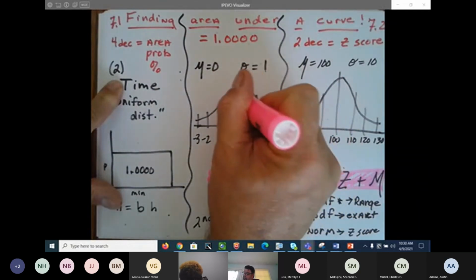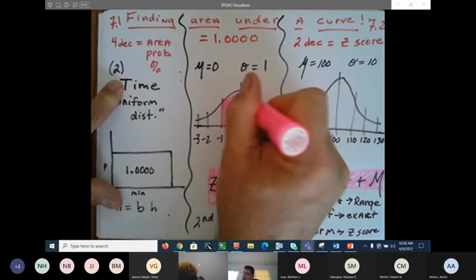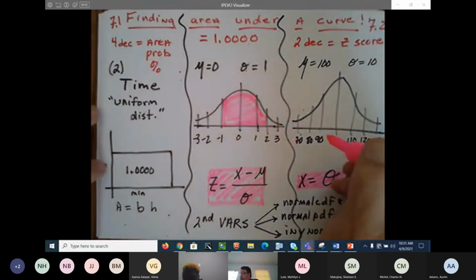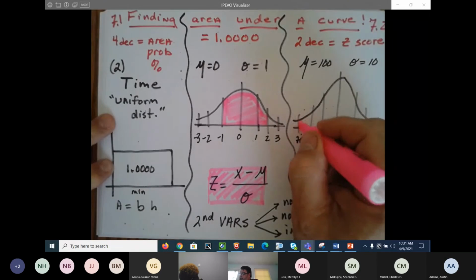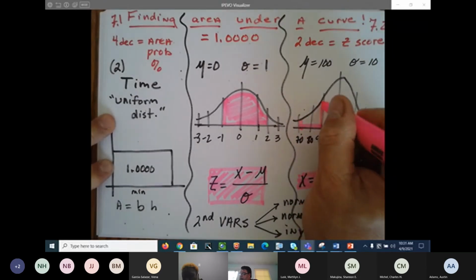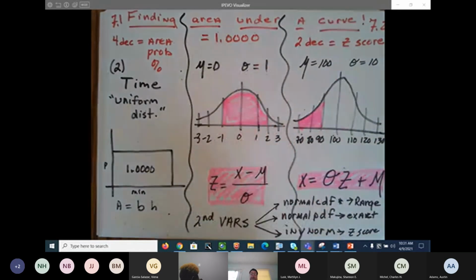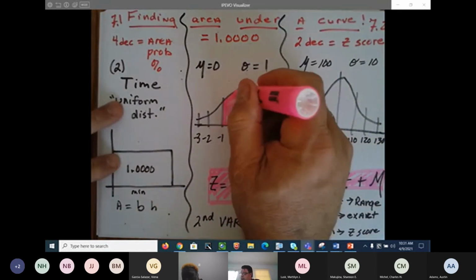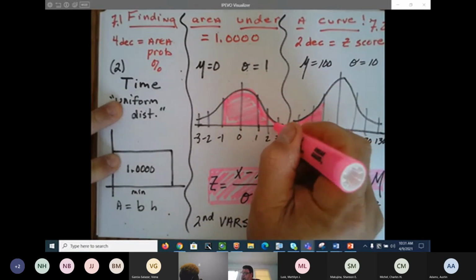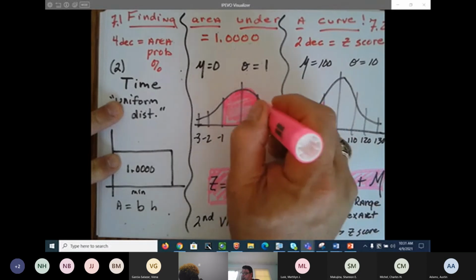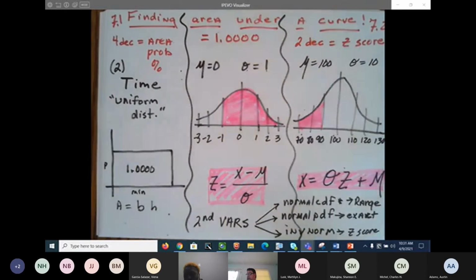We're finding that area right there. And then over here, we could go from 70 to 90. What's that area right there? That's what we're finding. We're finding the area under the curve, which is not something that you do every day.